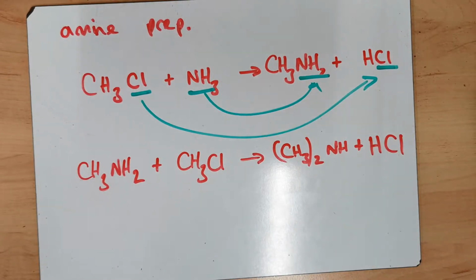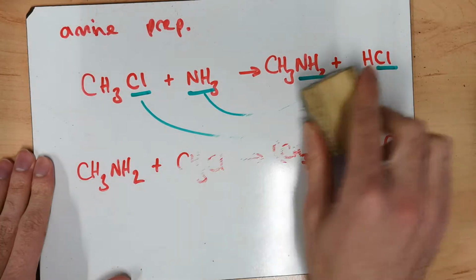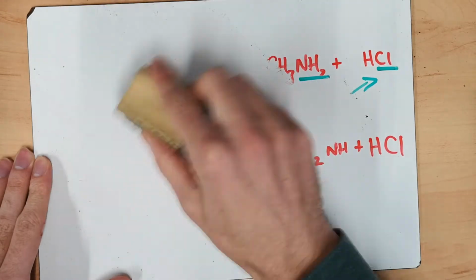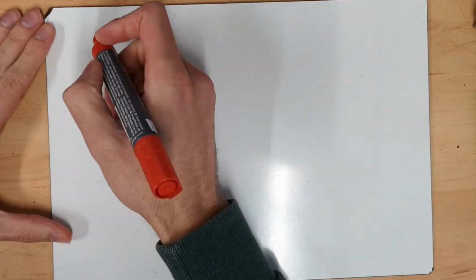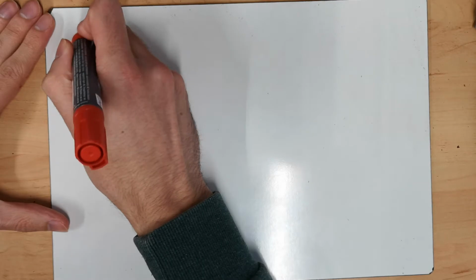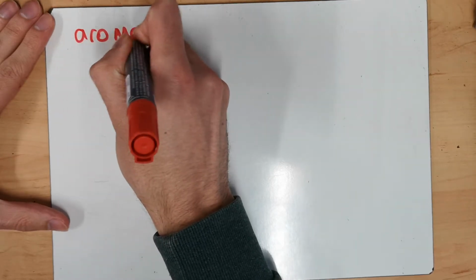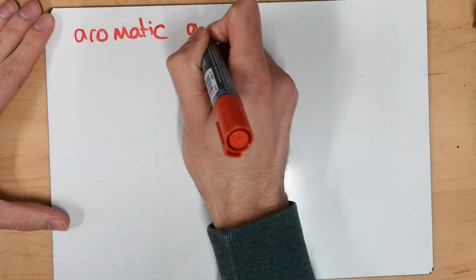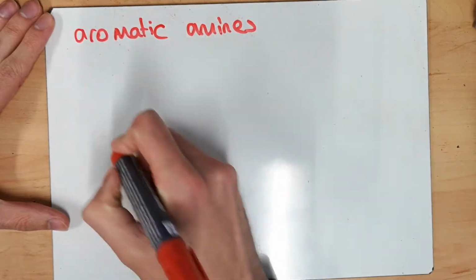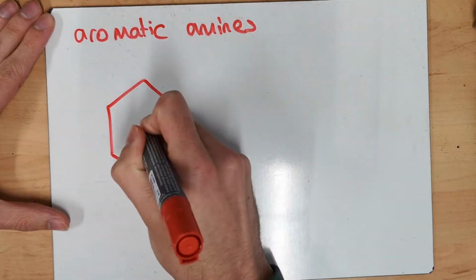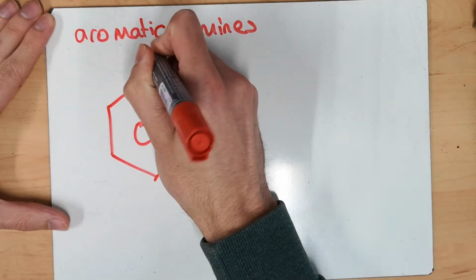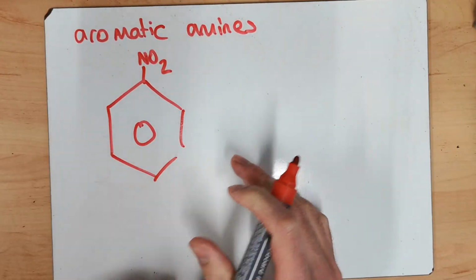The other way we can get amines is when we have a nitro group on an aromatic carbon. So let's prepare aromatic amines. And our starting point for this is our nitrobenzene, so our NO2.